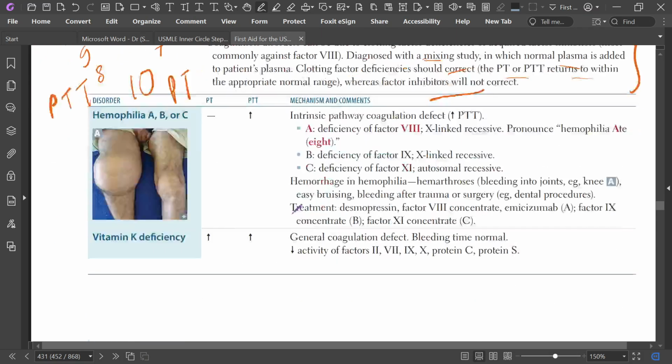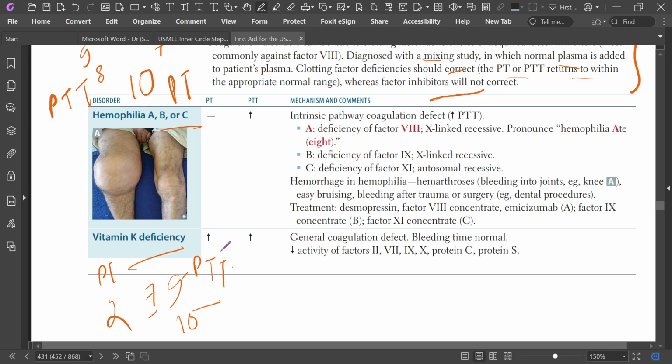Okay, now hemophilia A, B, C, and vitamin K deficiency. In vitamin K deficiency, we know the mechanism: factors 2, 7, 9, 10. So 7 is for PT and 9 is for PTT.